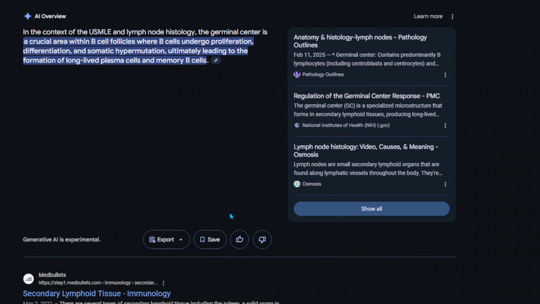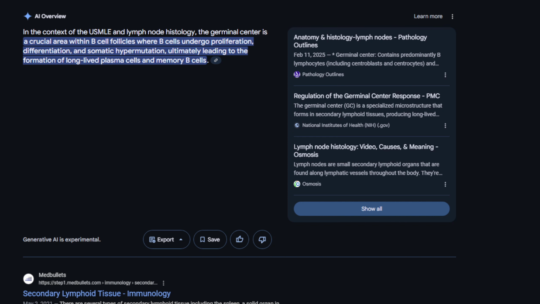Just remember, in the context of the USMLE, in lymph node histology, the germinal center is a crucial area within B cell follicles where B cells undergo proliferation, differentiation, and somatic hypermutation, ultimately leading to the formation of long-lived plasma cells and memory B cells.